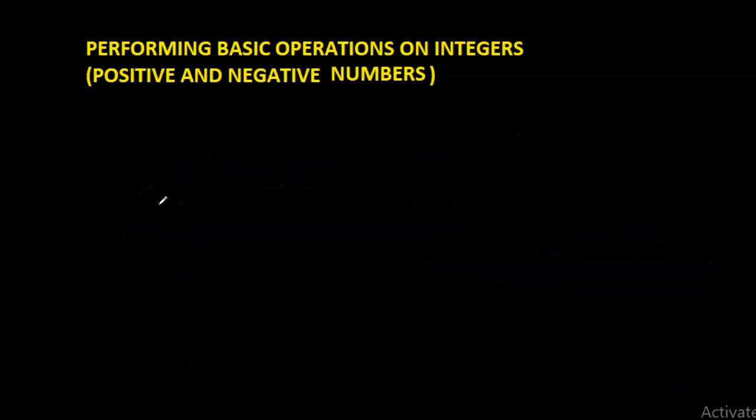Let's get some more practice with it. So if I ask you to work out -5 plus 9, we're doing it this way. You think of how many negative signs here? 5. 1, 2, 3, 4, 5.